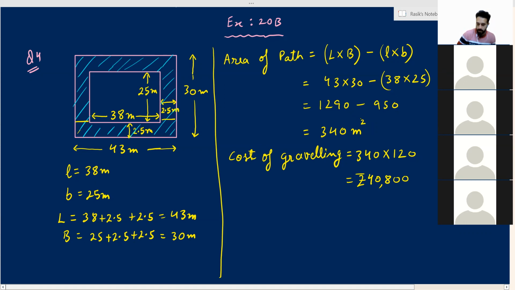So don't get confused with these words. Don't think much about these words. Start doing question number 5 and send your answer in the group. I'm going to check your answers.